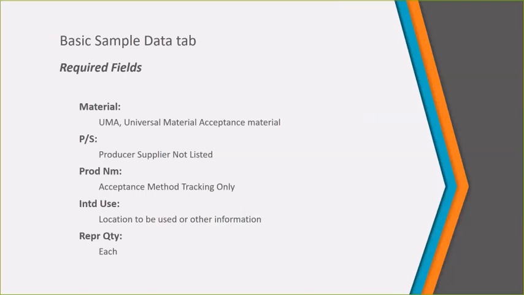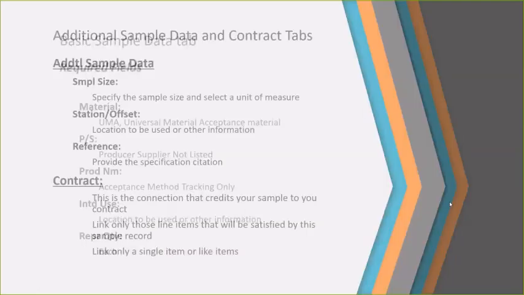The intended use, although not a required field, is valuable information because it's an indicator so that you know what this material actually represents, where it's being used, how it's being used, those sorts of things. And for the representative quantity, you're going to get the general value of each. It may not be exactly appropriate, but we're using this UMA to document materials.